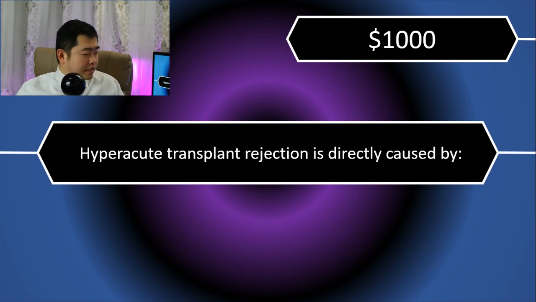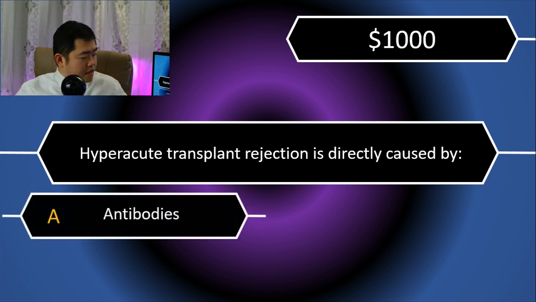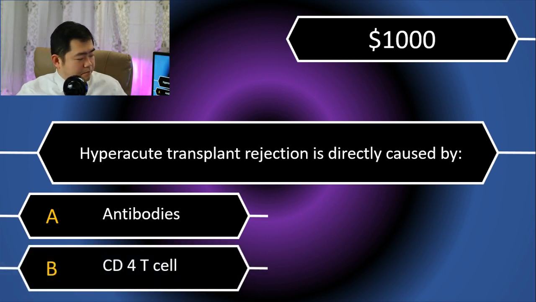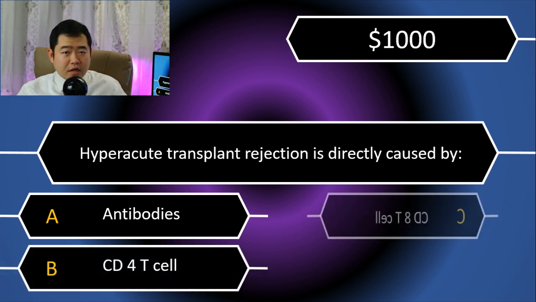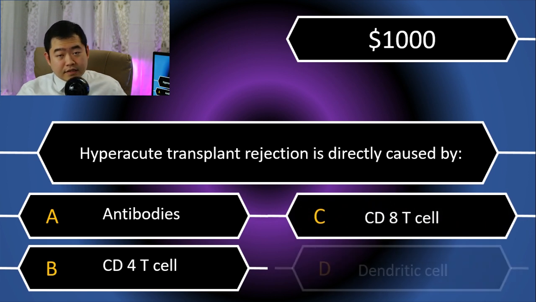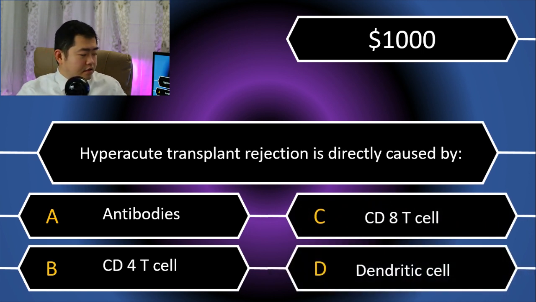Hyperacute transplant rejection is directly caused by A. Antibodies, B. CD4 T cell, C. CD8 T cell, and lastly D. Dendritic cells. This is a pretty easy assessment to see if you've been listening for the past 40 minutes or so.